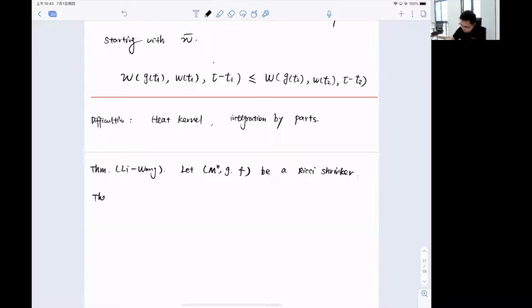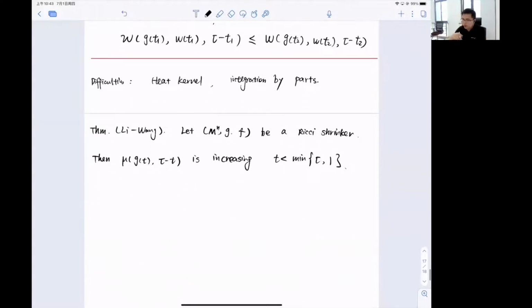Then the entropy mu(g(t), tau minus t) is increasing as long as t is less than the minimum of tau and 1. So here, the maximal defining time for the Ricci flow is equal to 1, so it must be less than 1.